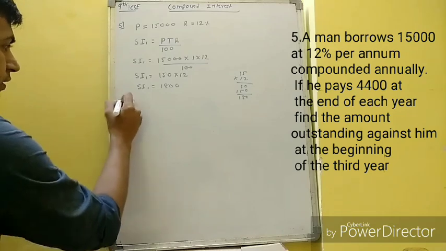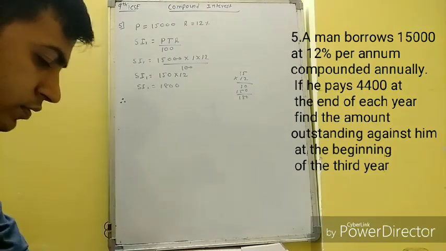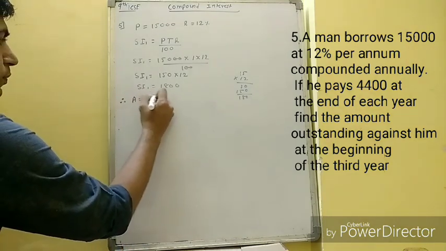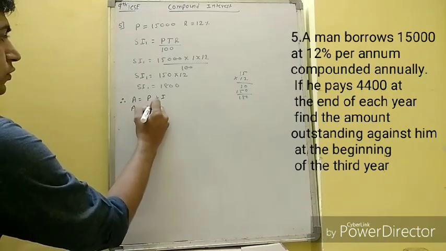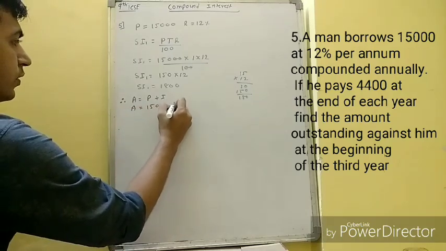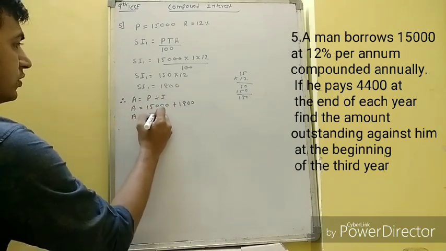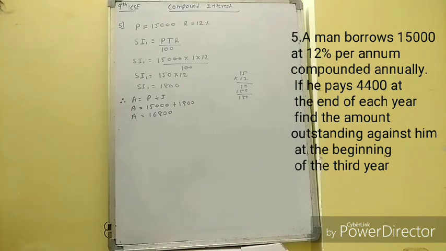Therefore amount is equal to principal plus interest. Therefore the amount is equal to 15,000 plus 1,800. The amount is 16,800. Okay, he repays how much? 4,400.